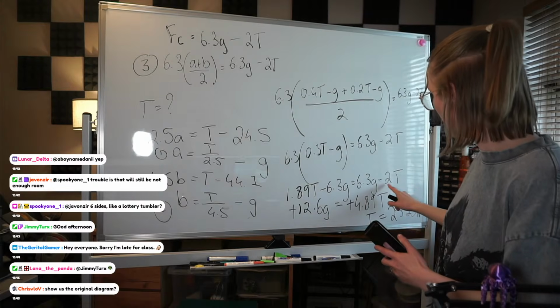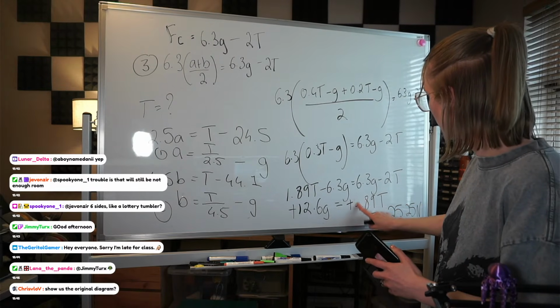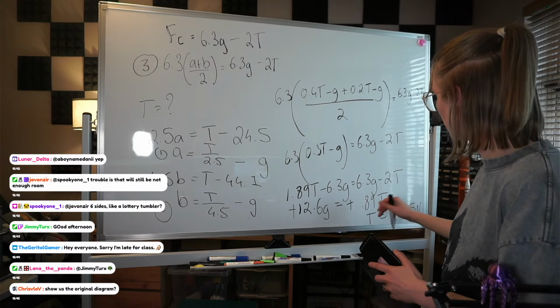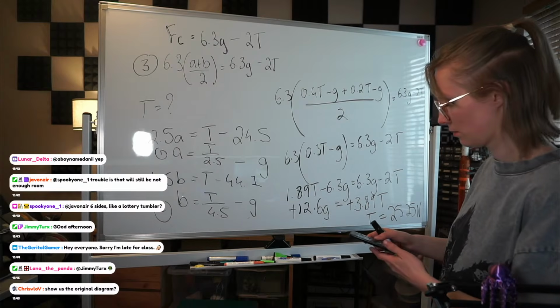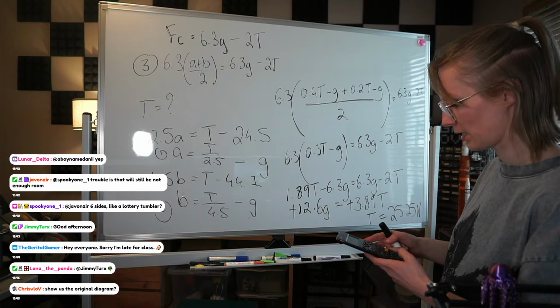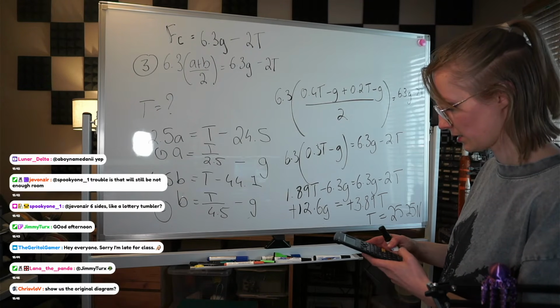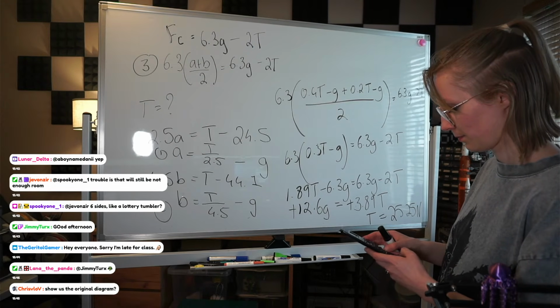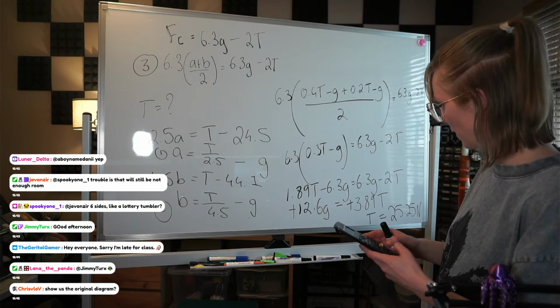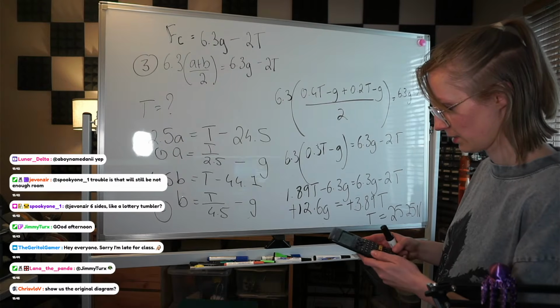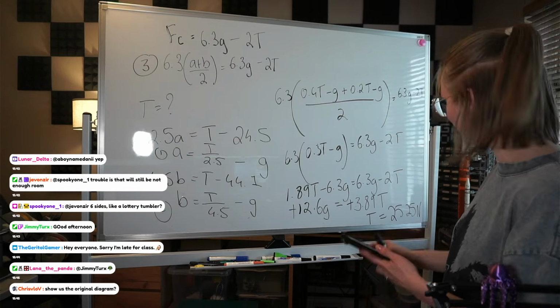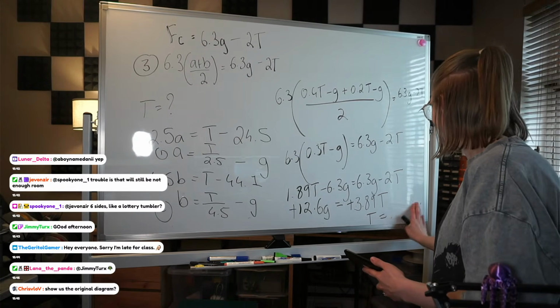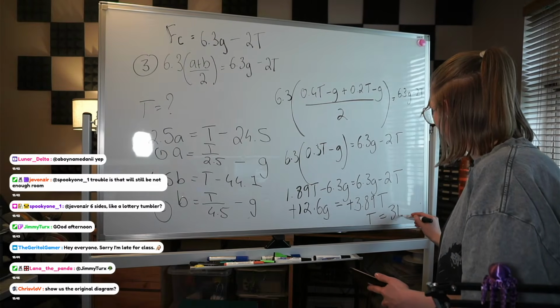Wait, how is that 4? That's meant to be 3. 12.6 multiplied by 9.8, divided by 3.89. Yes! We got 31.7 newtons.